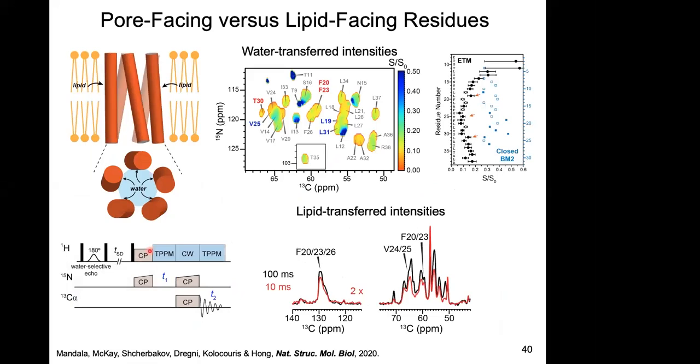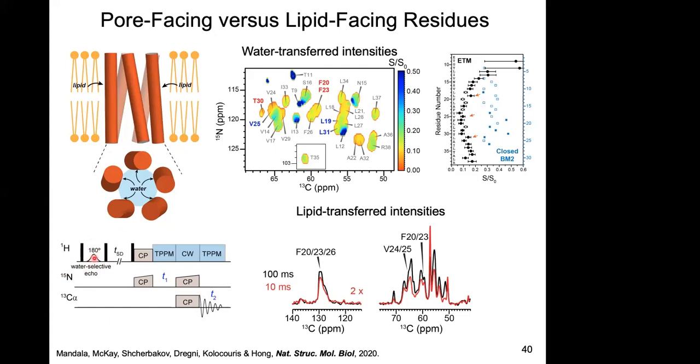We also do water or lipid transferred NMR experiments to figure out which residues are facing the water pore and which residues face lipids. And the idea here is to carry out this kind of selection experiment where after proton excitation, you would do a selective 180-degree pulse and basically wait a period. This is a spin echo period.